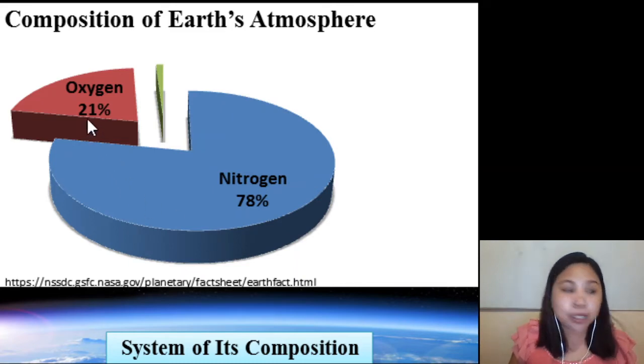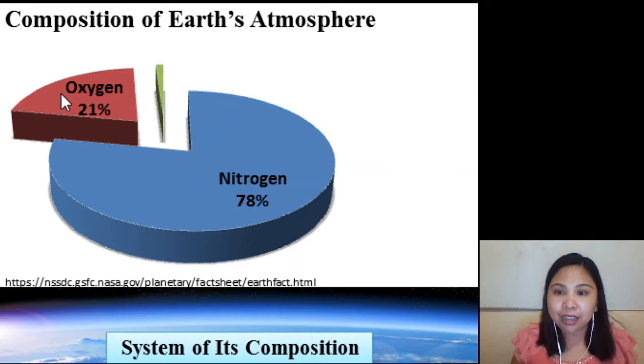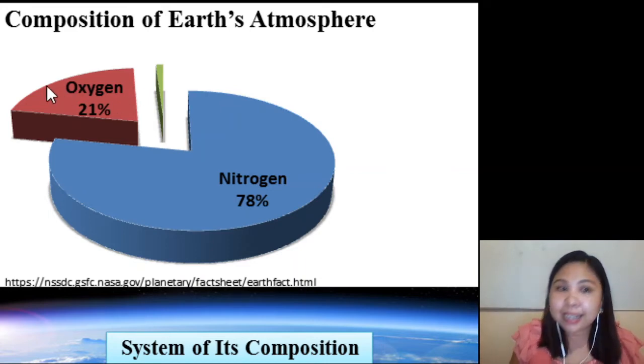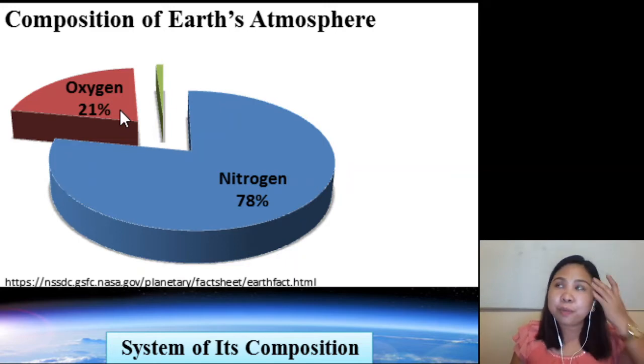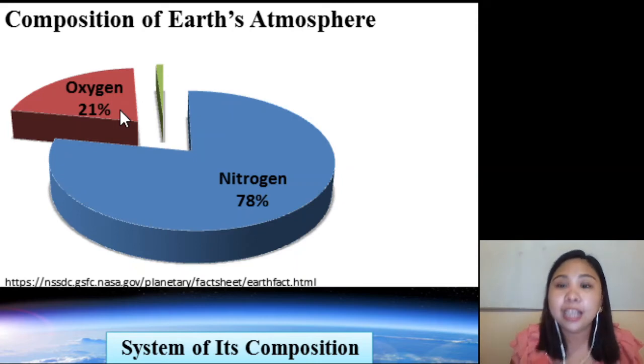Only 21% is composed of oxygen. Yung atmosphere natin ay 21% na oxygen. So ito yung nagagamit natin for breathing, for us to live. Okay? So, saan nanggagaling itong oxygen na ito? Yung process ng photosynthesis every single day, every single second. So, dyan po nanggagaling yung oxygen.